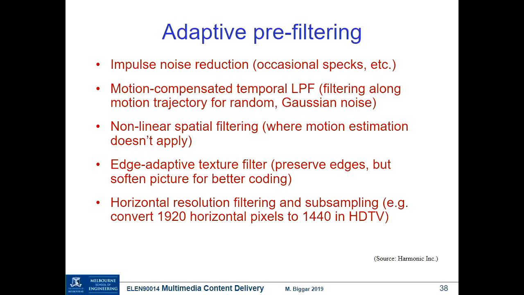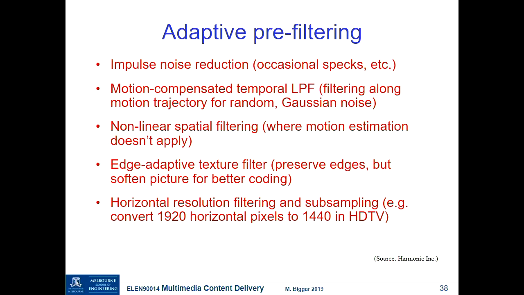Because the underlying assumption of our encoders is always that the picture has a fairly smooth structure and doesn't change radically across the picture and doesn't change radically from picture to picture, apart from scene changes and things that we can't avoid. So if there's an isolated pixel or an isolated, very small group of pixels, then if we filter them out, chances are it's not important in the picture, and we can save the bits that would be required to represent this feature that doesn't fit in our model anyway.